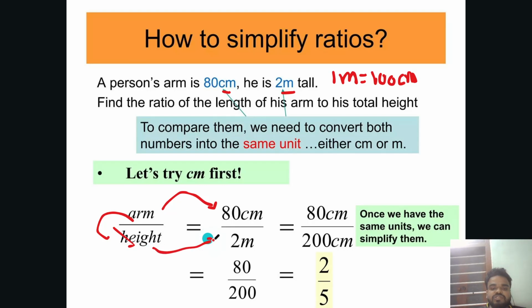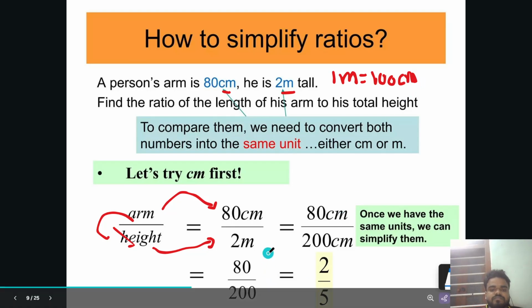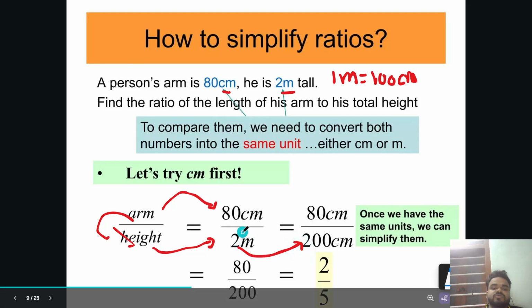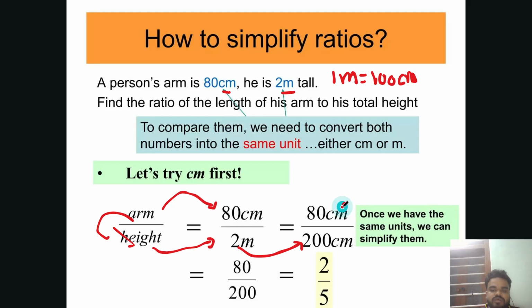It is 2 meters. 1 meter is equal to 100 centimeters, so multiply 2 into 100, it becomes 200 centimeters. Write 80 centimeters as it is. When the unit becomes the same, the centimeter gets cancelled and the 0 gets cancelled.